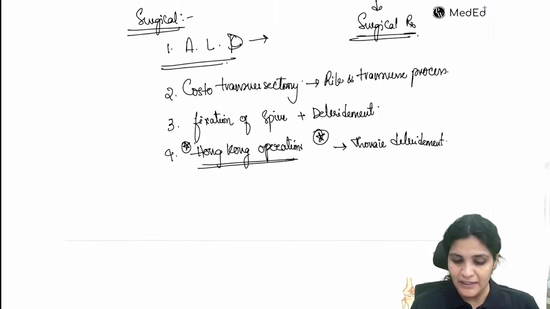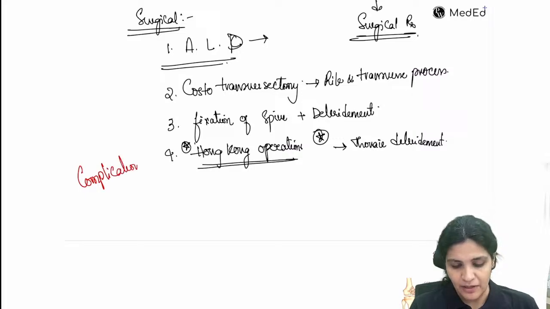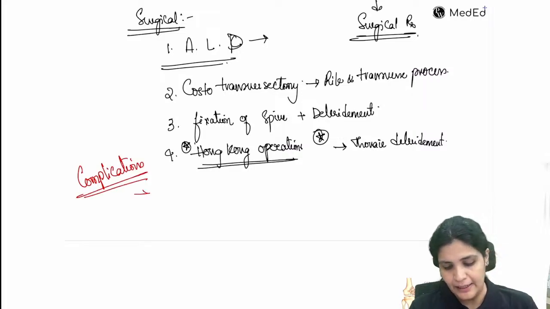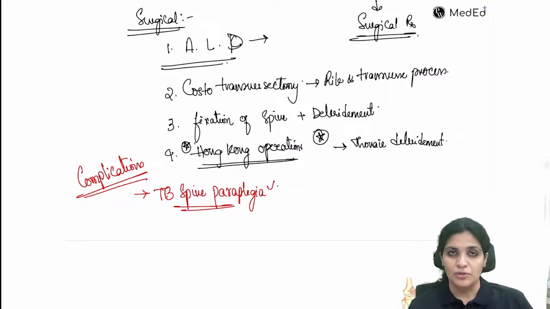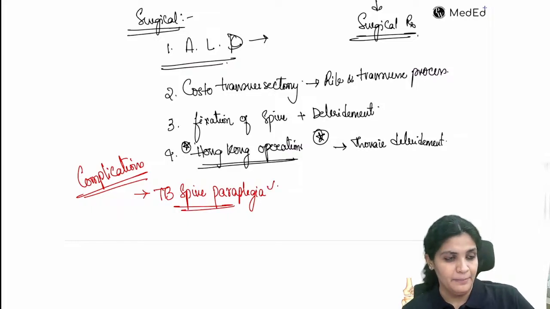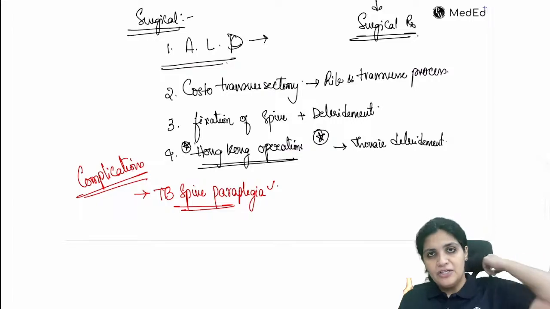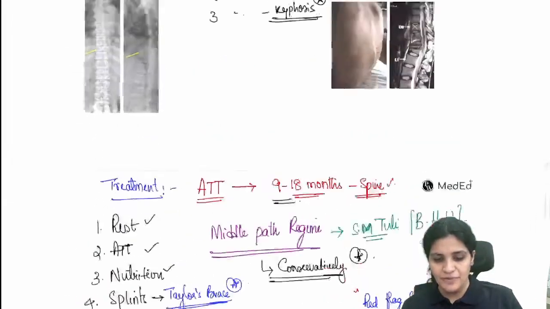And then what are the complications? Whenever these patients are not treated, they end up with paraplegia. This is one of the most important things which may happen. They might end up with TB spine paraplegia. That is about the tuberculosis spine, which you have to write in detail.